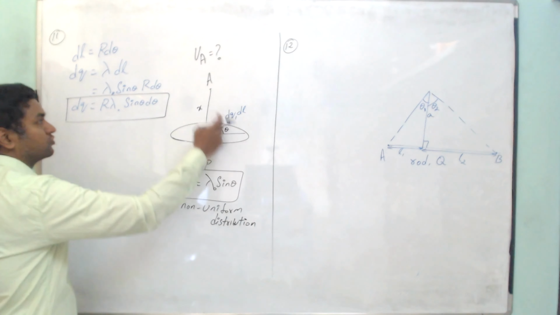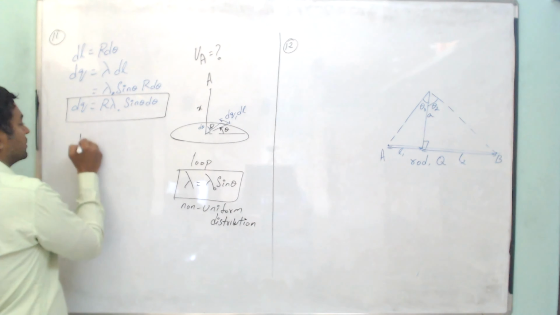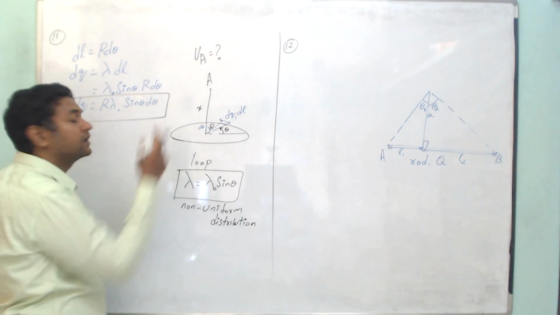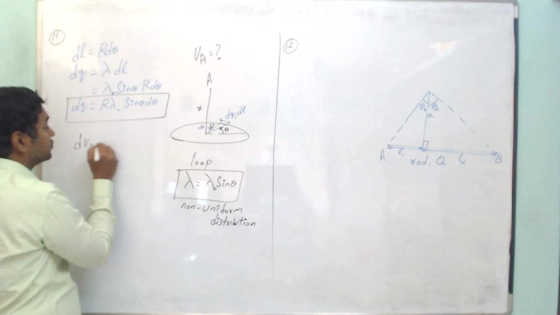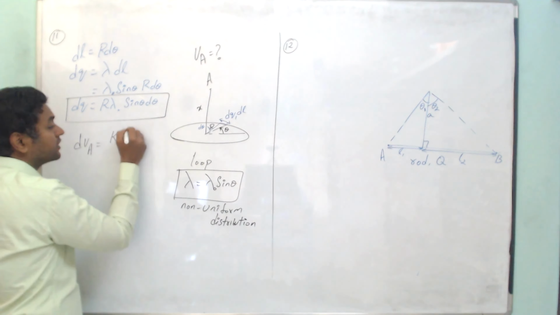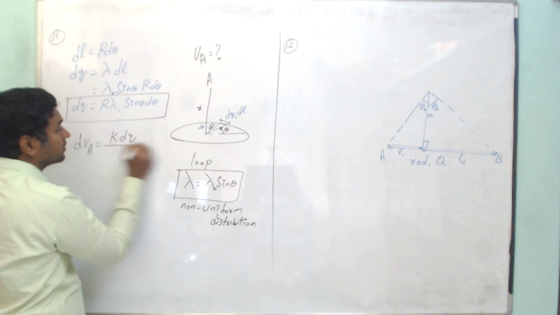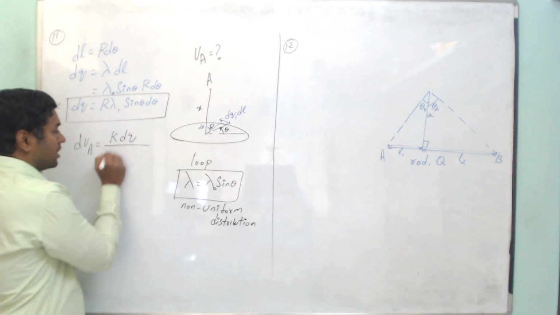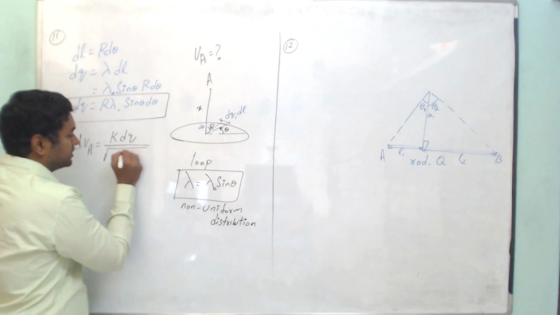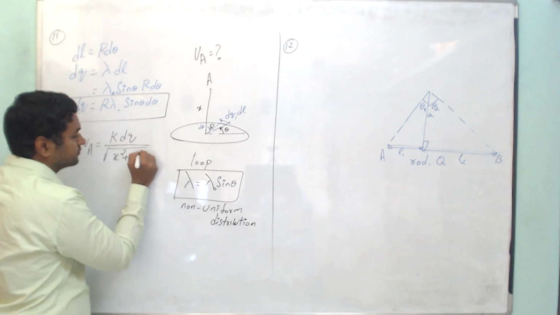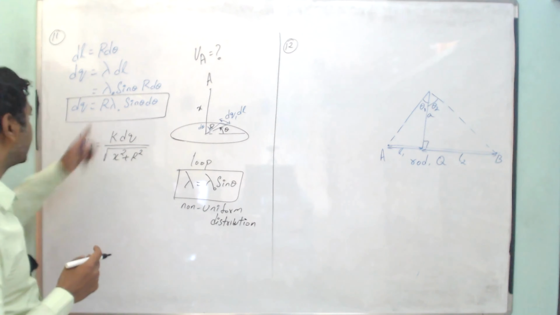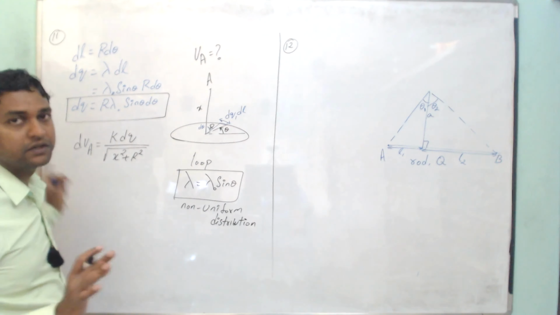So the potential due to the element dq at point A is simply k dq upon the distance, under root of x square plus R square. Now I have to bring all this over here and integrate.